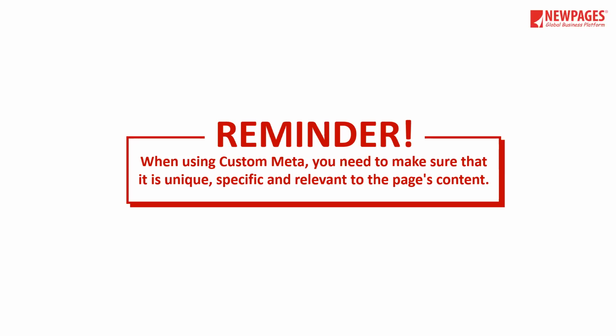Let me share with you, Google is going to hate you for that. We don't want that to happen. So you need to be relevant, you need to be specific, and it has to be unique to the page that you are trying to rank higher.